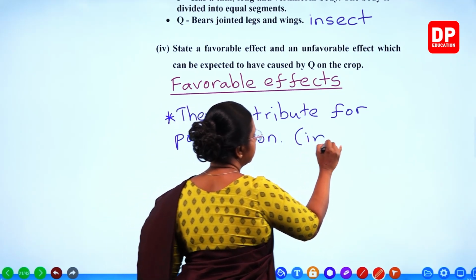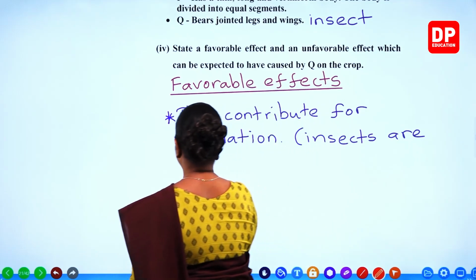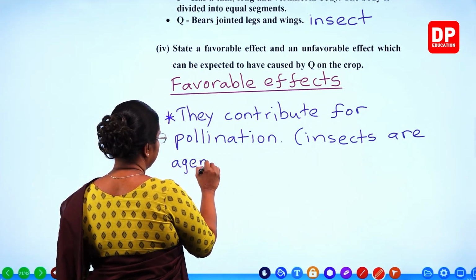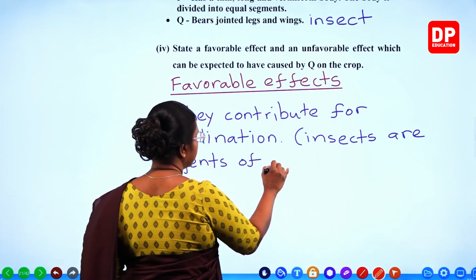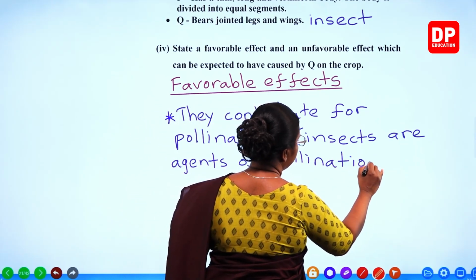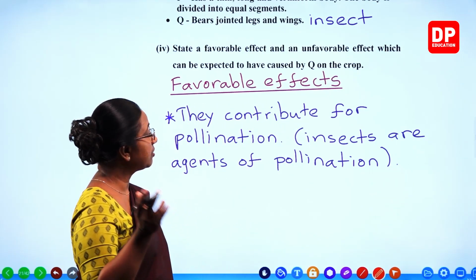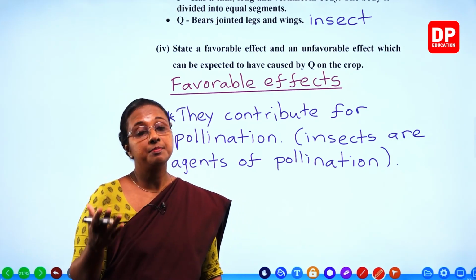That is, insects are agents of pollination.